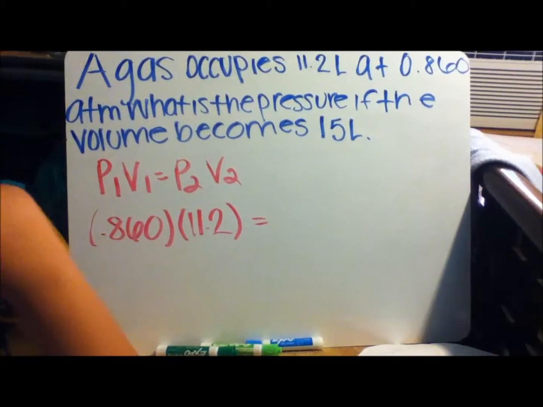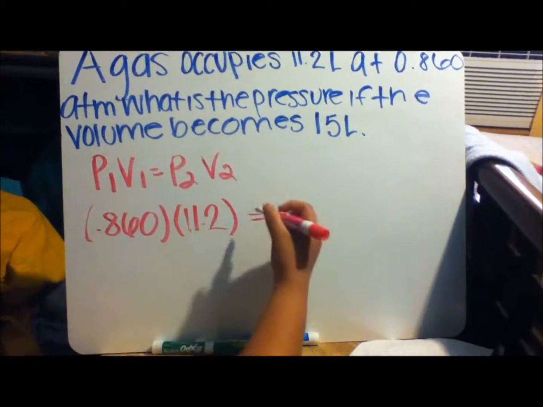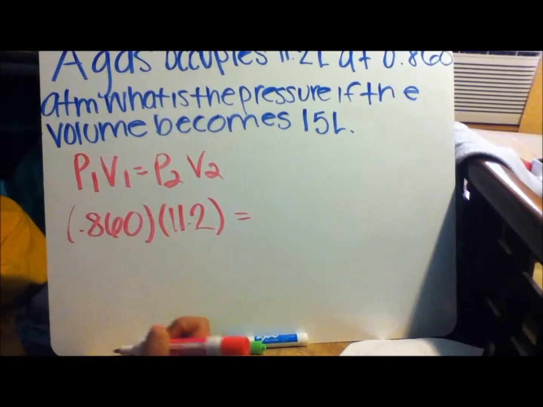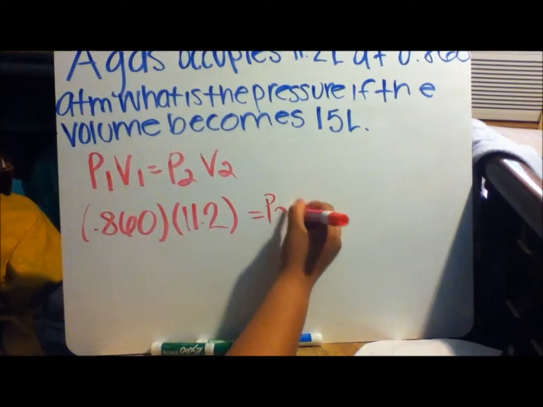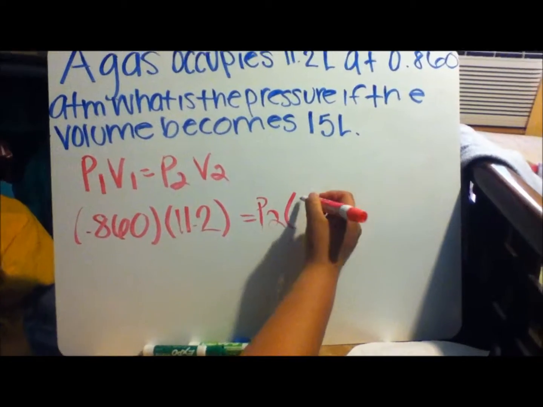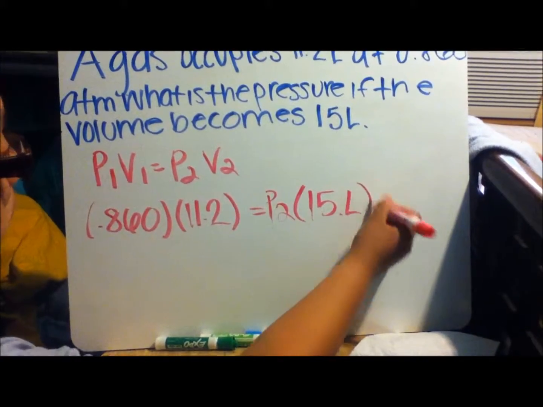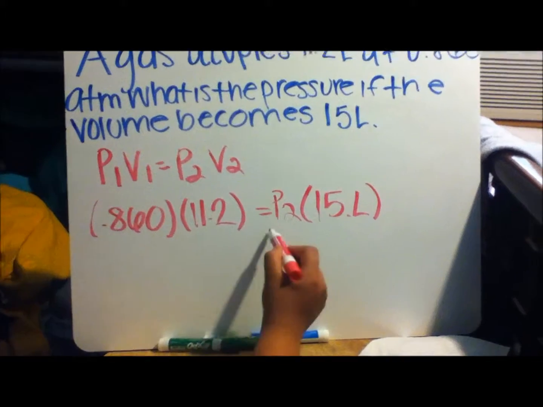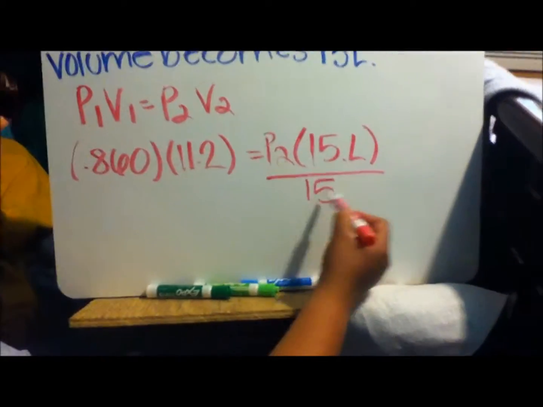And it will equal our change in pressure, which is not there, so that is what we're trying to find, multiplied by our volume that we will end up having. And then we will do the same. We will divide both sides by 15.